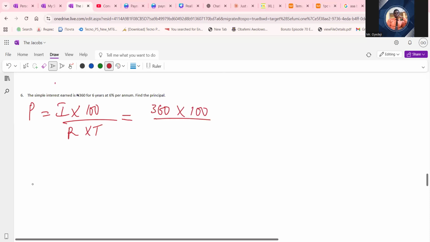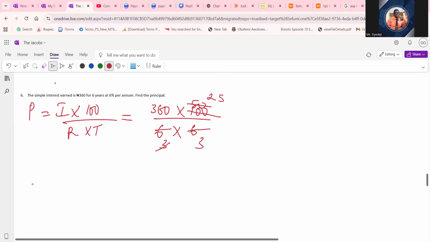What is our rate? It is 6%. And what's our time? 6 years. Now we can start. Do not wait till later. We can start from 2 also, as always. 2 can go here. 2 here is 3. 2 here is 50. We can also go further and say 2 here is 3 and 2 here is 25.